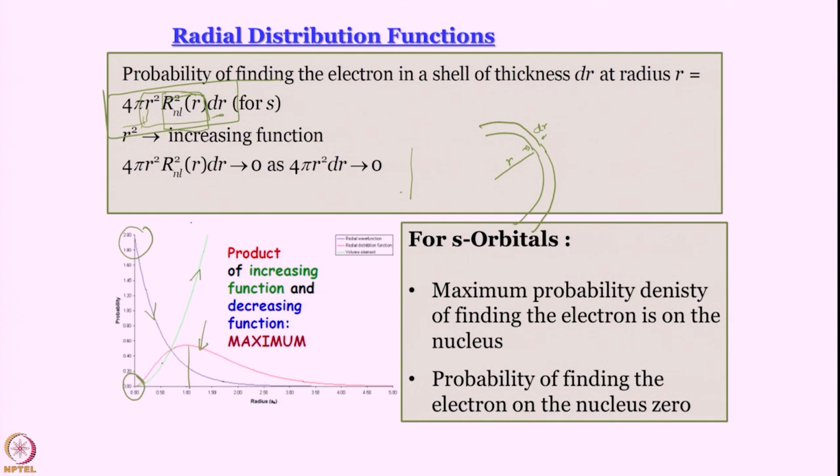This discussion brings about a very important understanding, that probability density and probability are not one and the same. Probability density is one thing, but if the volume element is very small, then probability will be 0. So, probability density is like your intelligence or competence or smartness, and this r squared dr is like the amount of work you put in.